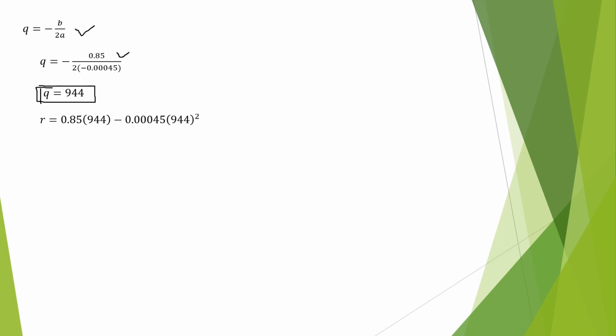Now we need to find the total revenue. So the value of Q we have to put in the revenue equation. So the revenue equation is R is equal to 0.85Q minus 0.00045Q square.